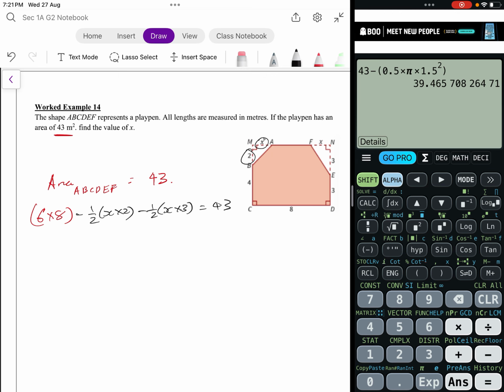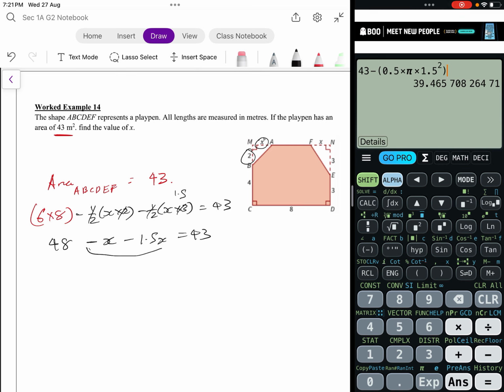So when I expand everything, this is 48 minus half and 2 multiply, I get x, minus x. This one, half and 3 divide, I get 1.5. So I get minus 1.5x.